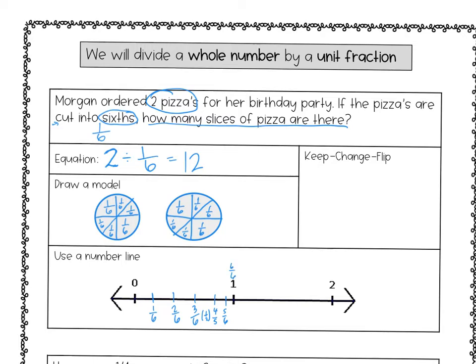Then I'm going to have 1 and 1/6, 1 and 2/6, 1 and 3/6, which is 1 and 1/2, 1 and 4/6, 1 and 5/6, and 1 and 6/6, which would also be 2.